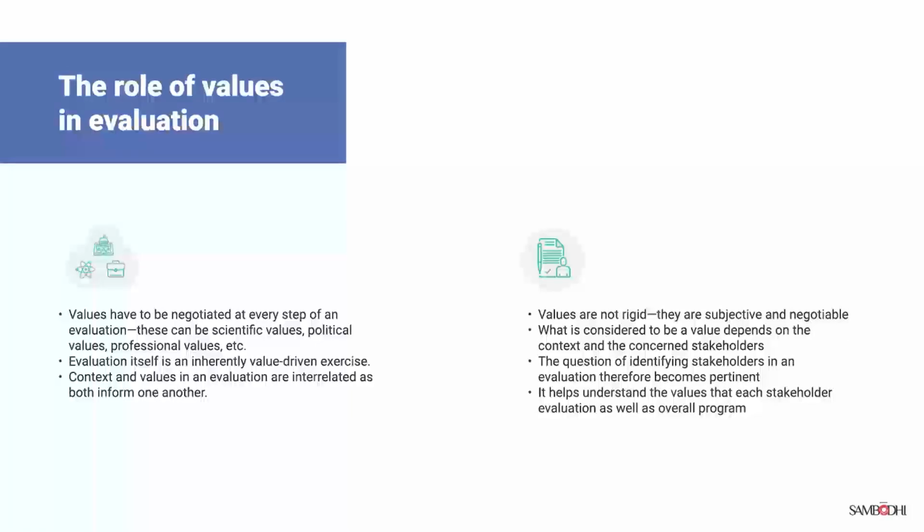Values are not rigid, due to which they are negotiable and subjective to the program. However, these values are identified based on the context of evaluation and the concerned stakeholders.